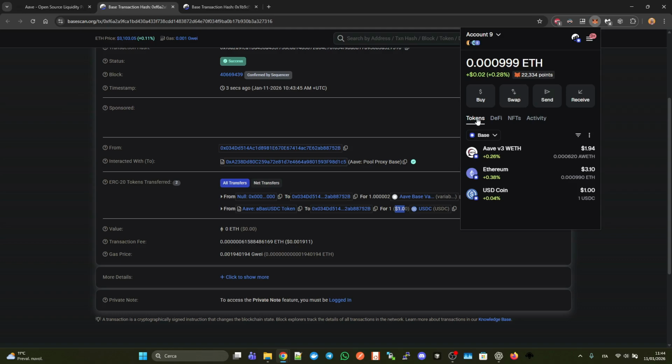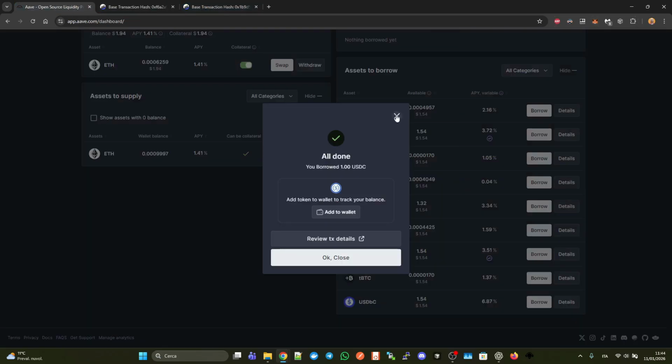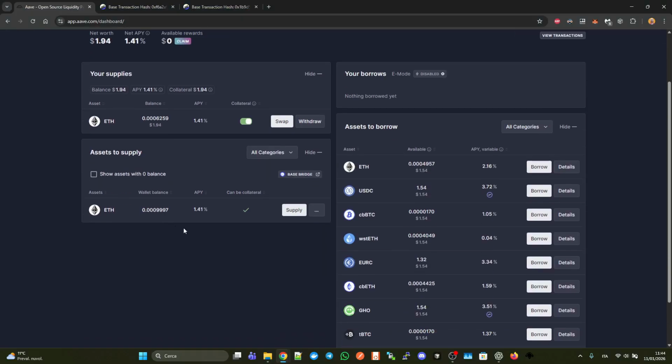So here we have our $1 USDC that we have received. And now with this money we can do whatever we like. We can do whatever operation we want.